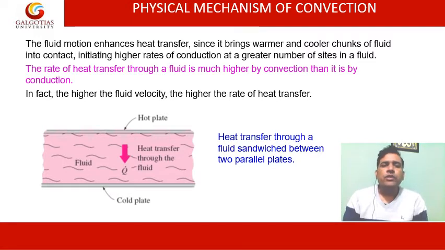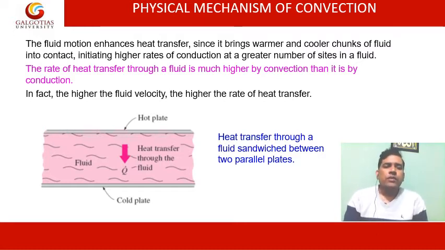Fluid motion enhances heat transfer since it brings warmer and cooler chunks of fluid into contact, initiating higher rates of conduction at a greater number of sites in a fluid. The rate of heat transfer through a fluid is much higher by convection than by conduction.